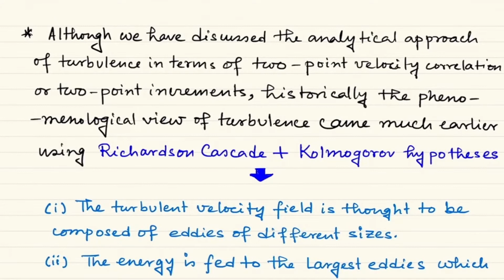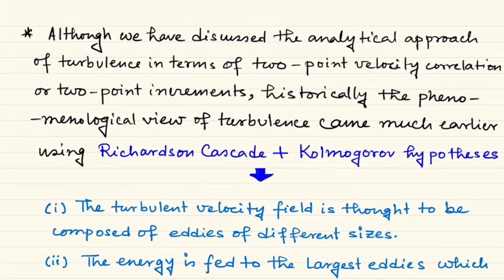But in this discussion, we will start by discussing the heuristic phenomenological approach to turbulence, which was initiated by Richardson in the year 1921. Historically, the style of attacking the problem of turbulence was not mathematically very rigorous.